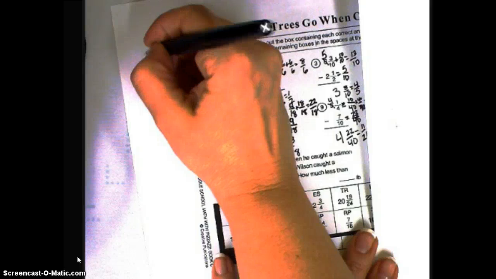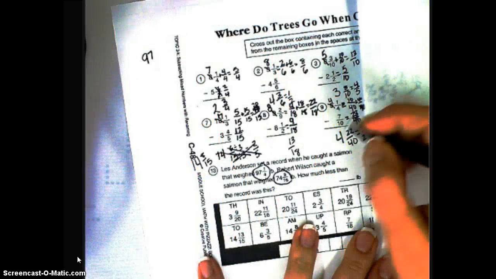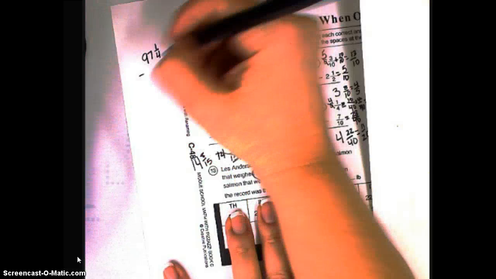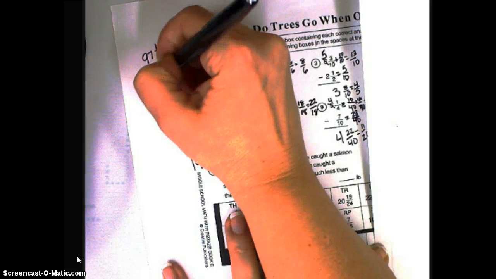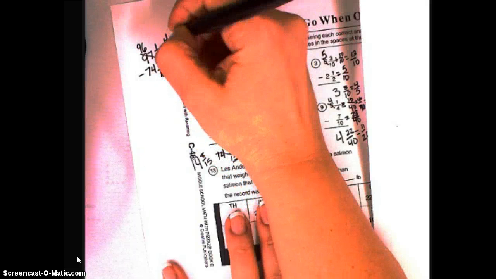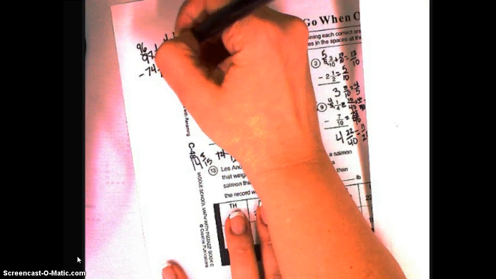So I'm going to go way up here, 97 1/4. And we're going to subtract 74 9/16. It looks like a common denominator would be 16. So let's change this one. 4 times 4 is 16. We'll make that 4/16. We're going to have to do a little regrouping. And let's add 16 over 16 here.